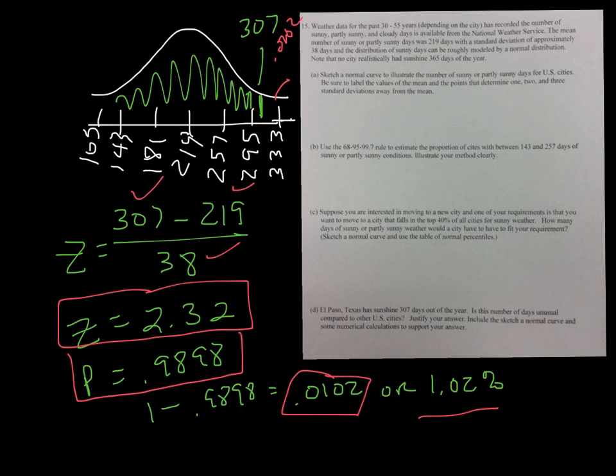So the fact that El Paso is at that mark of about 1%, I'd say it would be pretty rare that a U.S. city would have that amount of sunny days. In other words, not every city is going to have that much sunny weather.